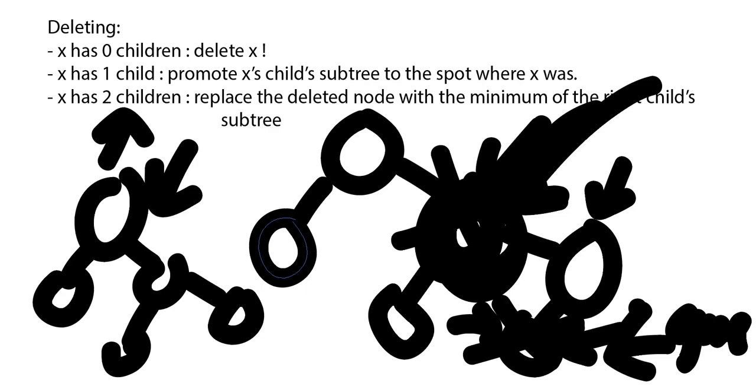And in this new tree, we see that because we replaced the old thing that we were deleting with the minimum in the right subtree, we cannot possibly have the case where this node is violating the BST property, because it is certainly greater than anything in the left subtree, and certainly less than or equal to anything in the right subtree. So yeah, it certainly retains the BST property. So this is what we do.